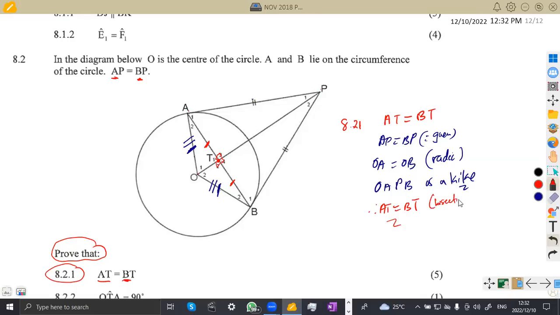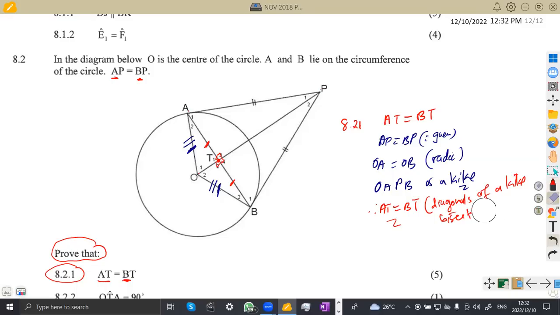So here, oh, not bisectors, these are diagonals. The diagonals of a kite: it's not a rectangle, this one.